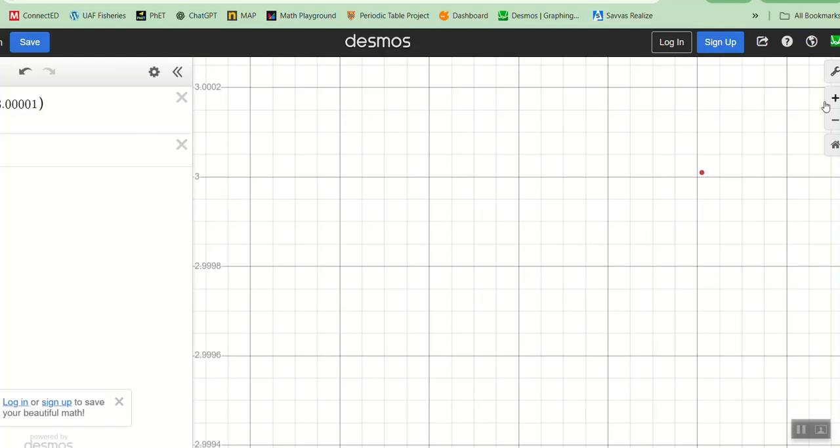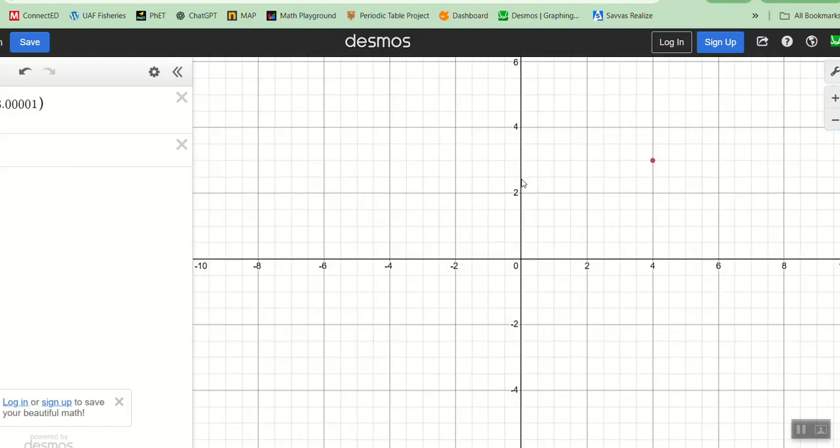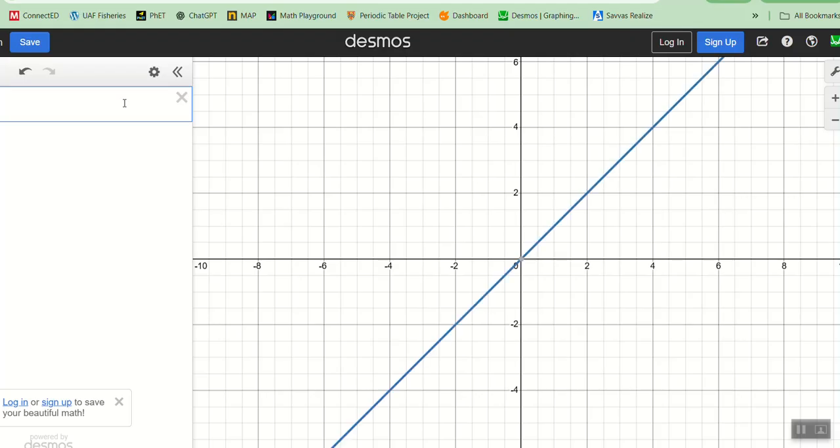I'm just going to go home so I can zoom back out. This is Desmos right here. If we make up some function, and I'm just going to make one up, you don't have to draw it, but I want to be able to look at this. Let's say we have f of x is, I don't know, what's your favorite quadratic function? Okay. Let's say it's -x squared plus 4.